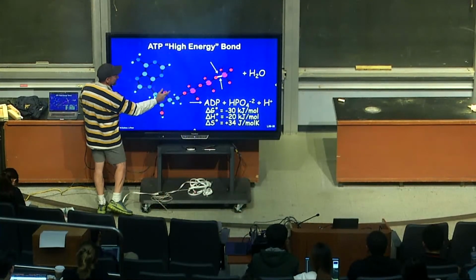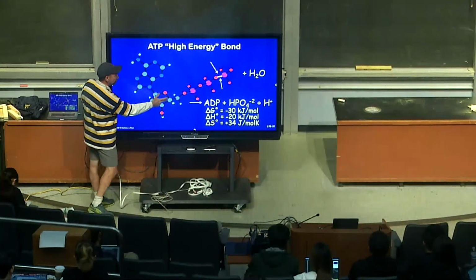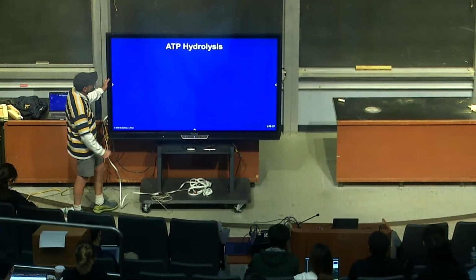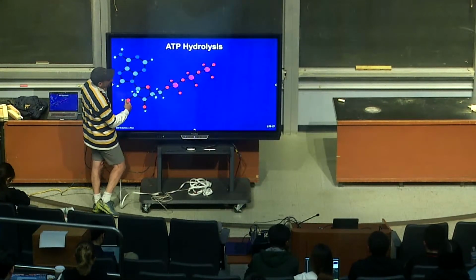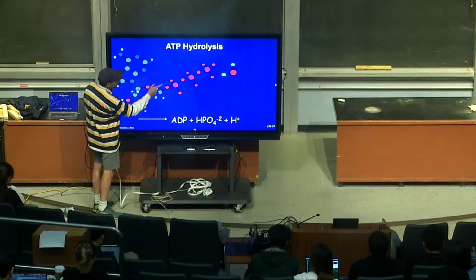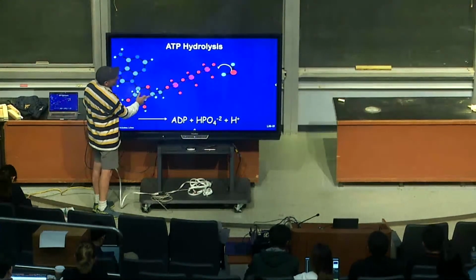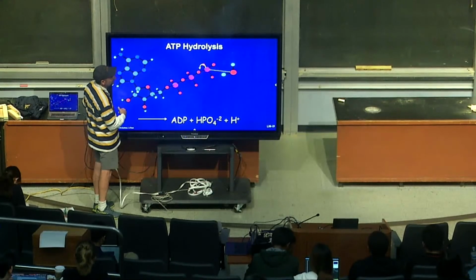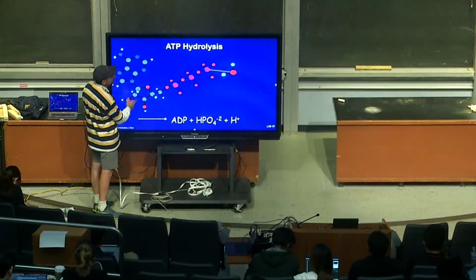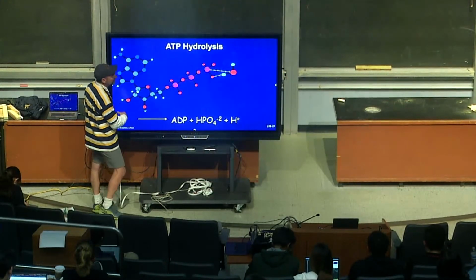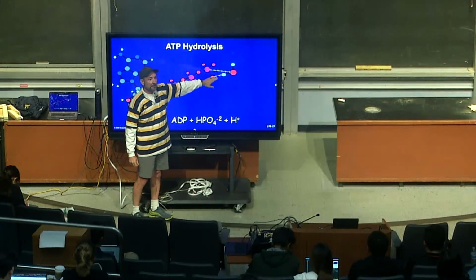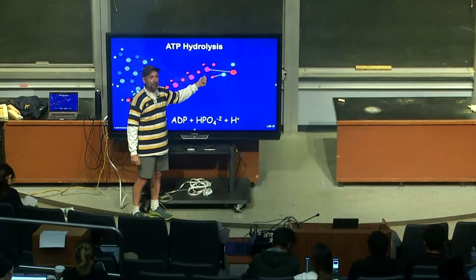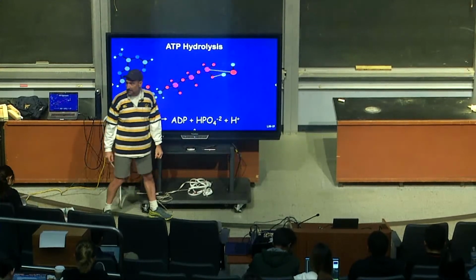So all those things are on the exam in some form or another. Here is the hydrolysis in a little more detail. So there's the water molecule coming in. You have to make that bond and break that bond and make that bond, and the makings release more energy than the breakings.